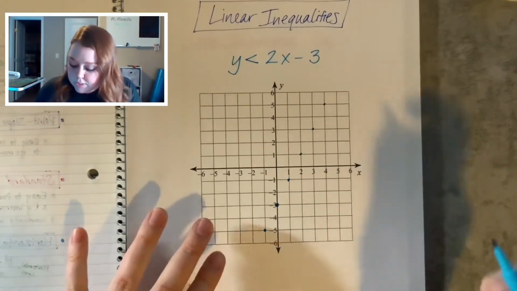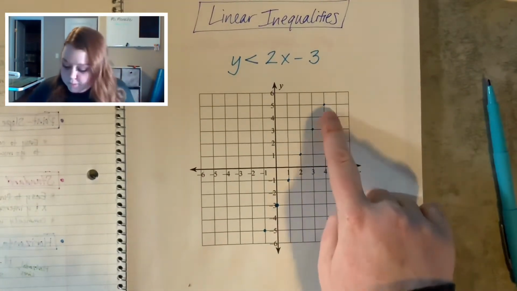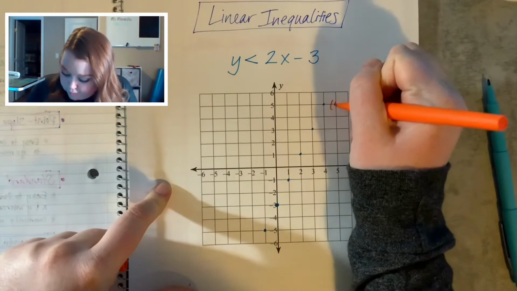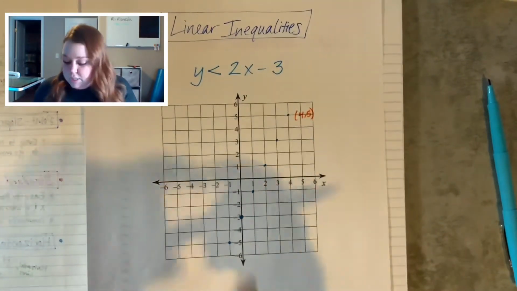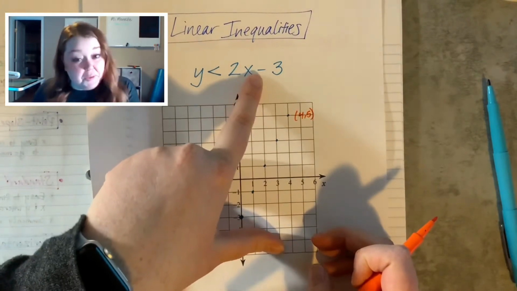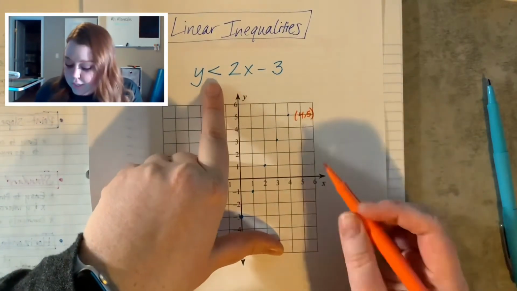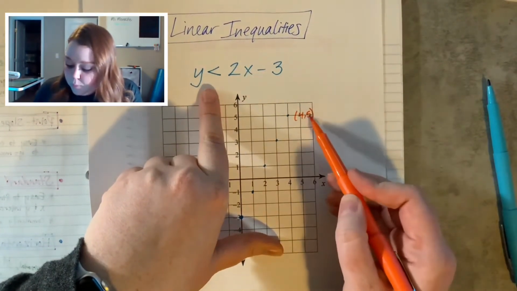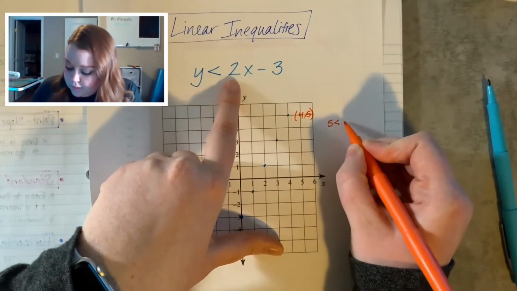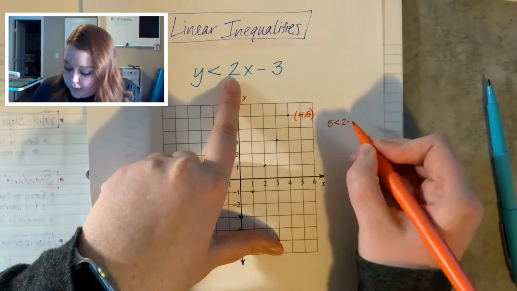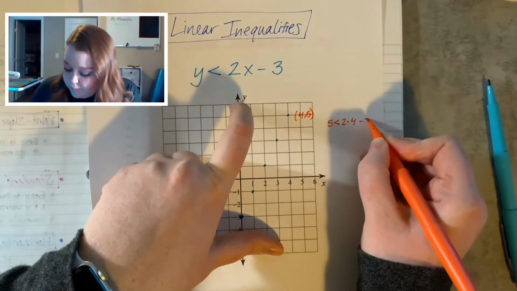And here's what I want us to do. We're going to take this point right here. This is 4, 5. And I'm going to plug it into this inequality. So I'm going to replace y with my y value, which is 5. It's less than 2 times my x, which is 4, minus 3.